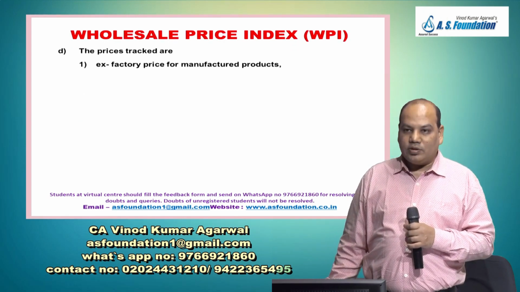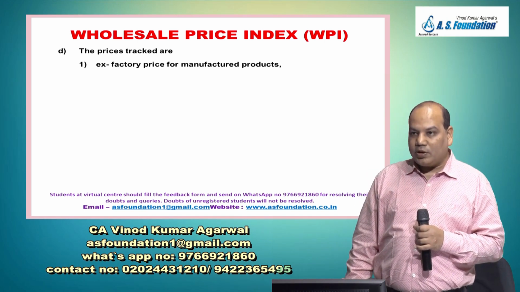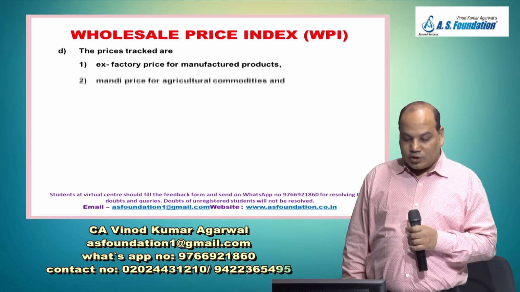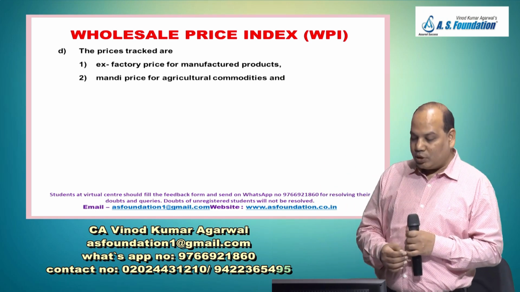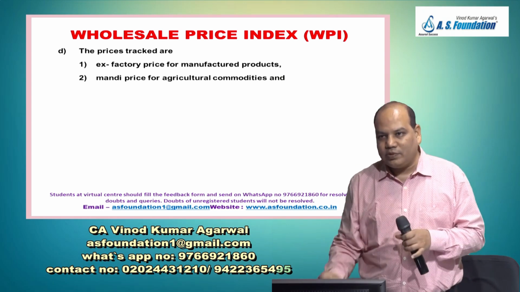Now, how do you calculate the price? In case of a manufactured item, they take the ex-factory price, underline, because this is a question you have to answer. What is the basis for calculating manufactured product price? Ex-factory. Once the goods leave the factory, that price they will take.